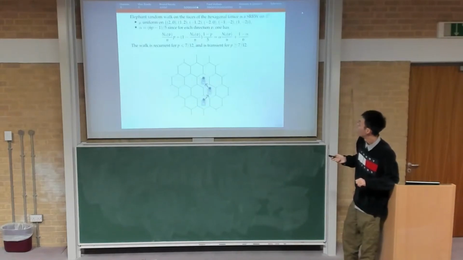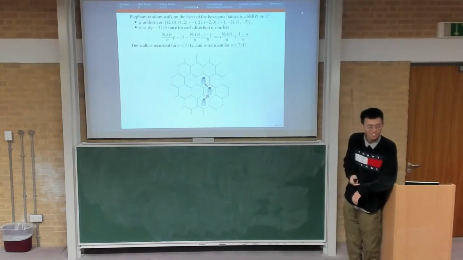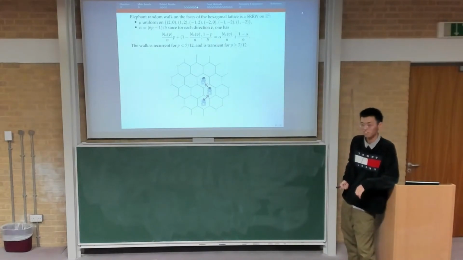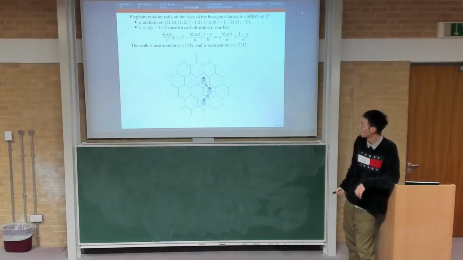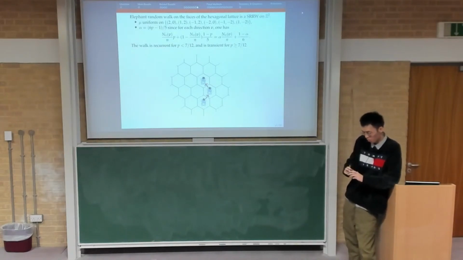One can also consider the elephant random walk on more general graphs. The next question was raised to me when I defended my thesis. In the two-dimensional case, previously we considered the square lattice, but one can also consider, for example, the hexagonal lattice.